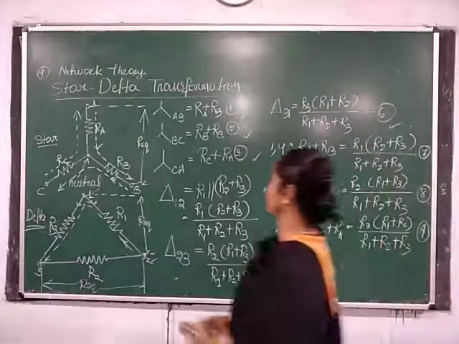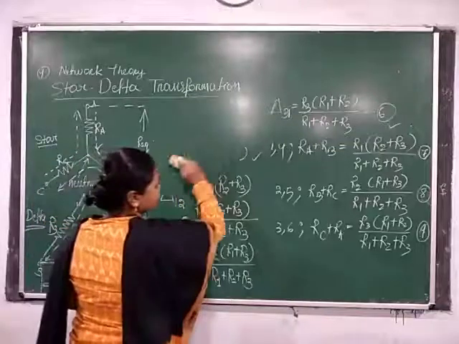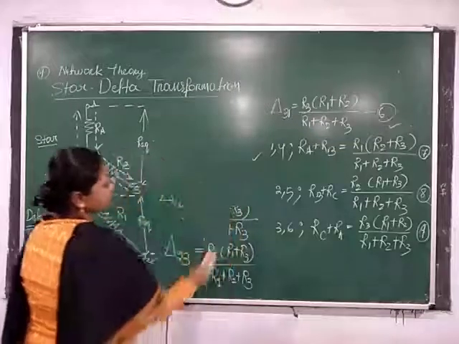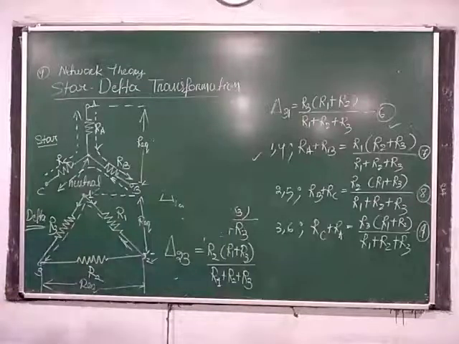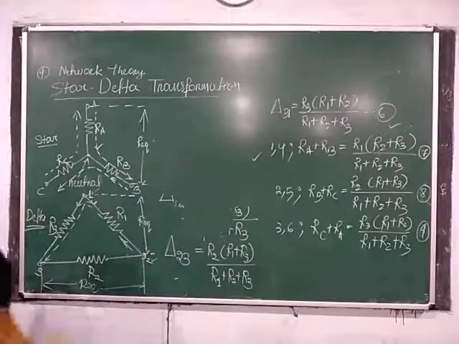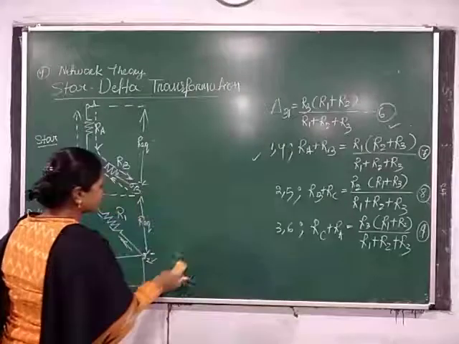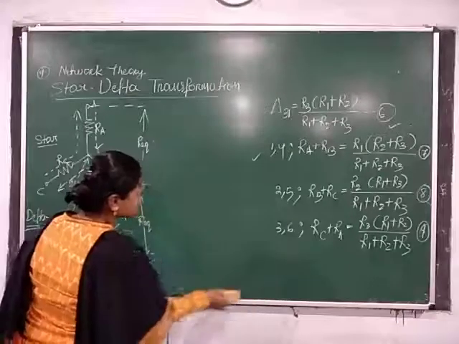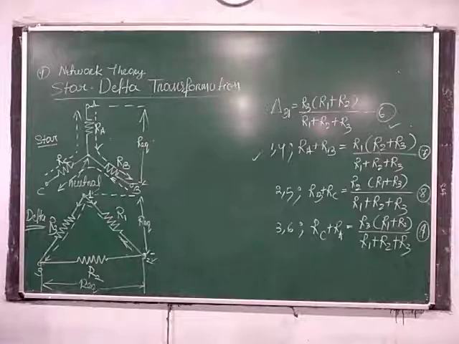Now, by solving equations 7, 8 and 9, we find how a delta circuit is converted into star, that is, how you find the star equivalent in terms of delta.